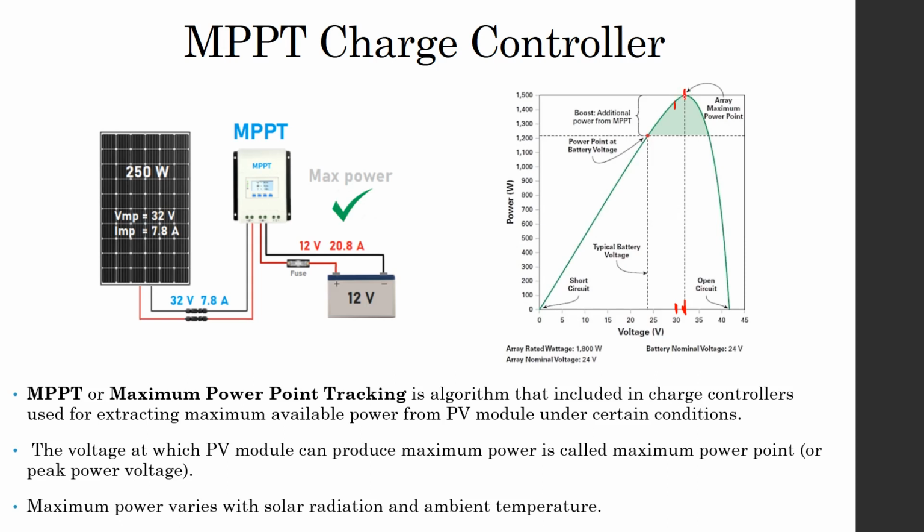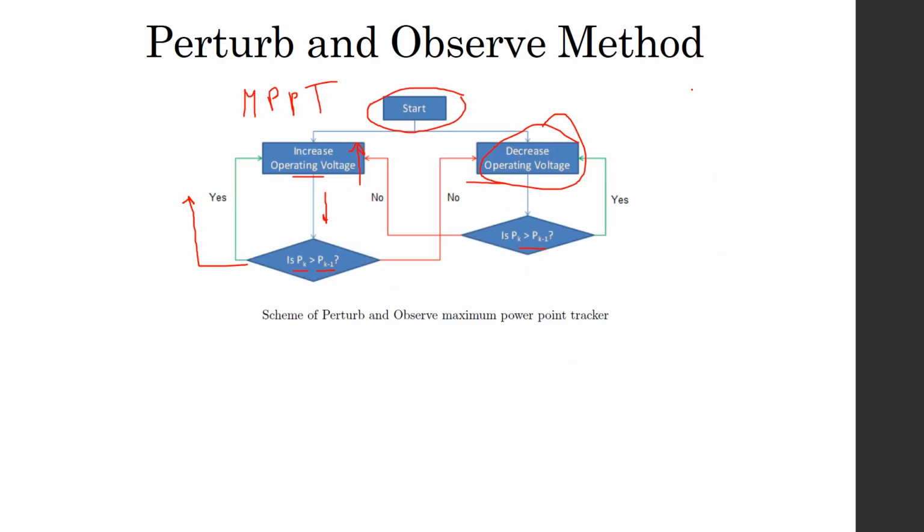Yes, so increase the voltage again. Here is the new power. Is this power higher than the older power? No. Then decrease the voltage again. So again it fluctuates: go forward, go back, fluctuating around the maximum power.